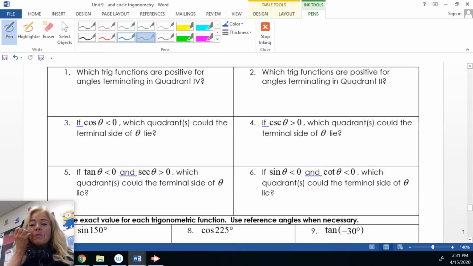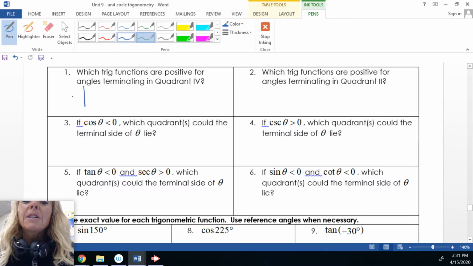Which trig functions are positive for angles? This is on your homework for 9-2. Which trig functions are positive for angles? So if they're terminating, that means their termination point is in quadrant 4. This is quadrant 4 right here.